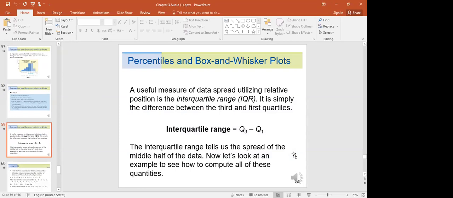The median of the lower part, also called the lower median, is Q1, and the median of the upper part, called the upper median, is Q3. The interquartile range is the difference between the third and the first quartile. It gives us the distance across the middle part of the distribution.